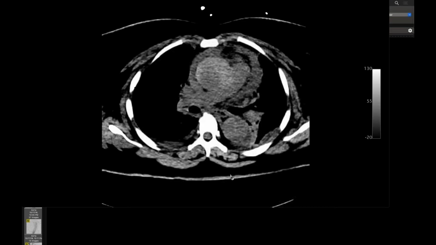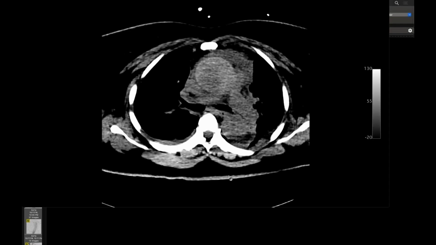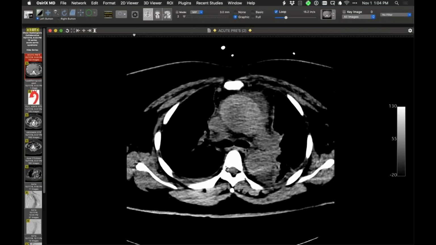Then it becomes difficult to see beyond that, in part because of some streak artifacts and so on, but definitely abnormal. So here is the contrast portion.